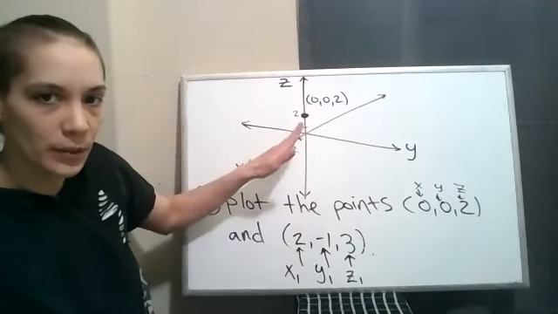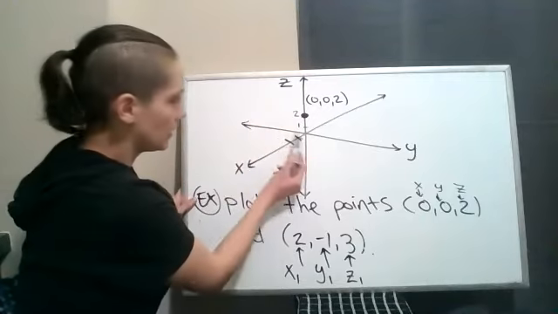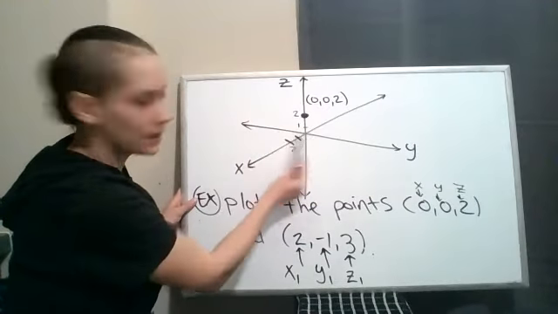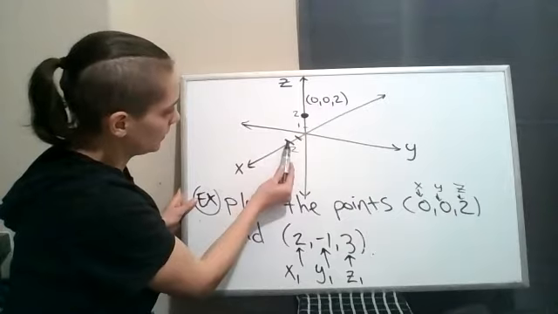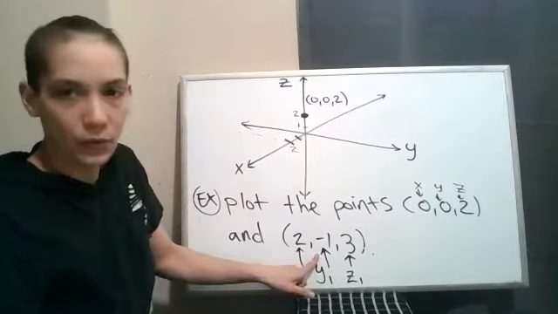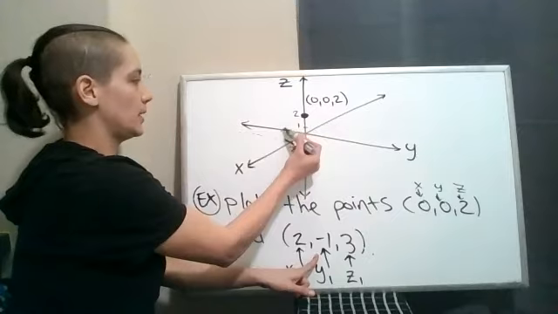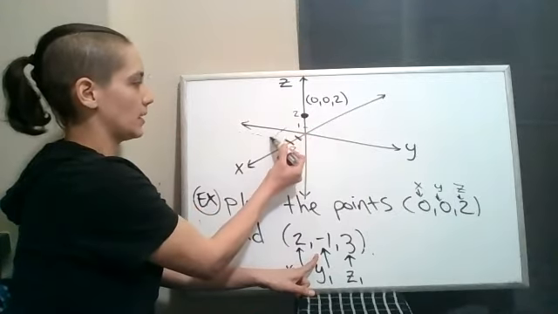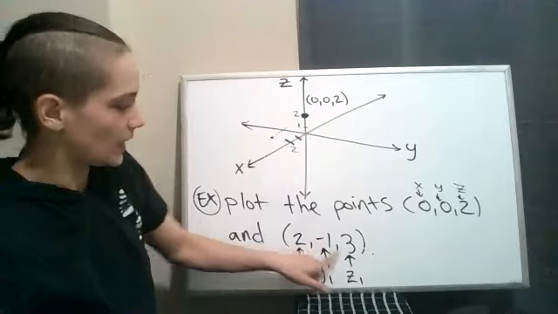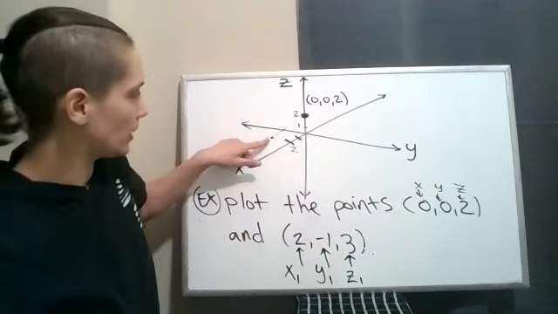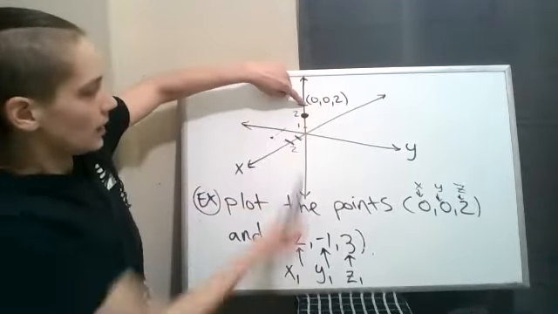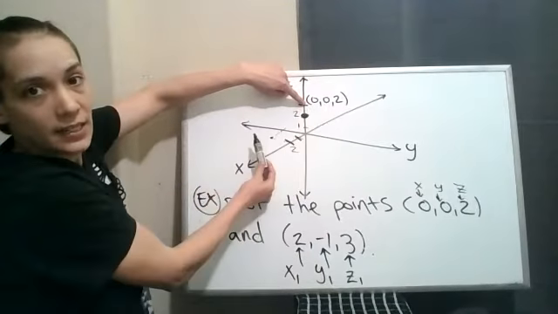Negative 1 for Y. So we want to go back. I'm going to draw a little dotted line parallel to this line. So back 1. So this way 1, and we're going to go meet here and then up 3. So let's go 1, 2. This is 3. I'm going to go parallel to the x-axis.